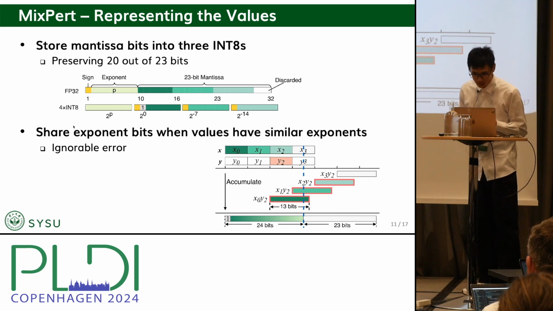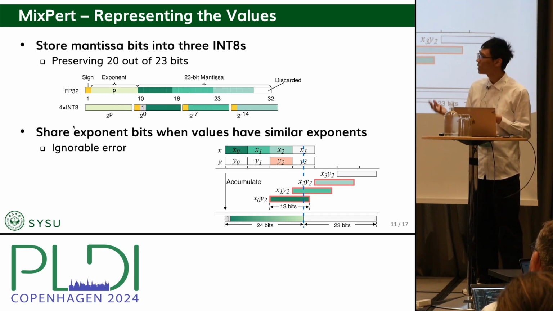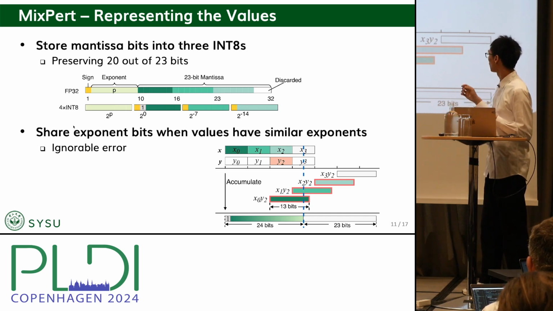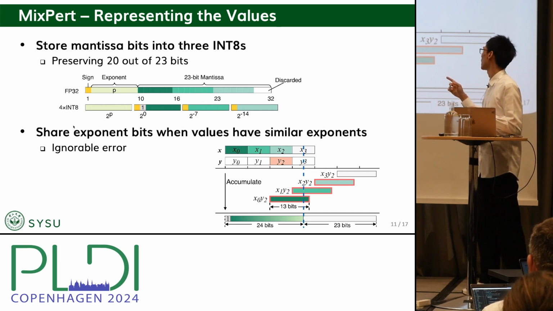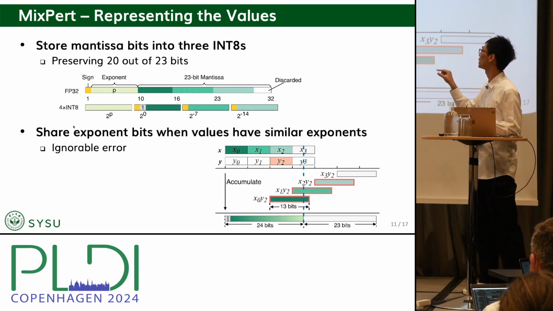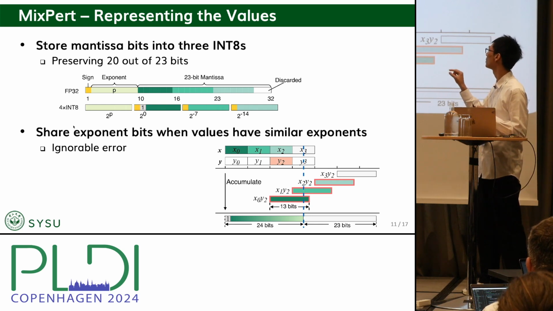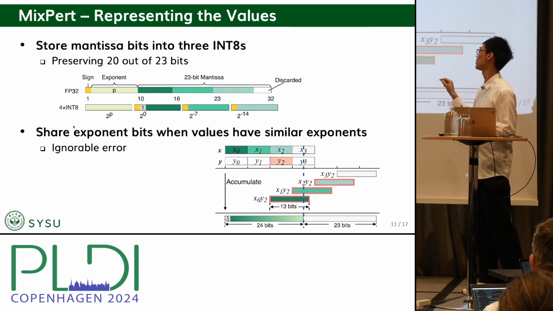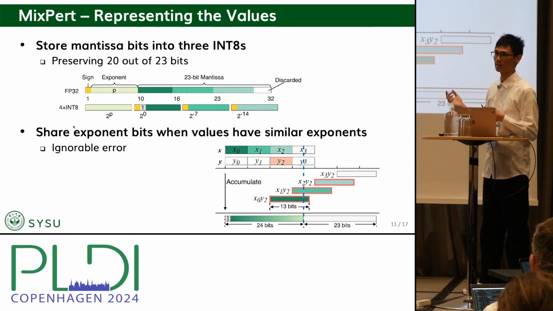So the multiplication of the scalar values is very straightforward. For example, to multiply x by y, we may multiply each of the segments of the numbers in pairs, and we accumulate them together.